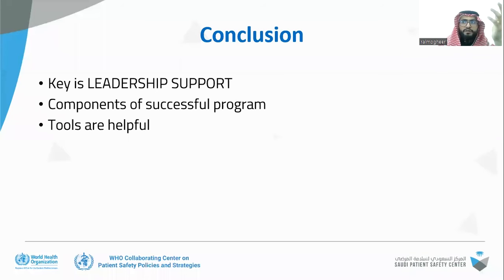Using the tools that were previously mentioned can help the board members, leadership, and even the team members to monitor their RCA program.